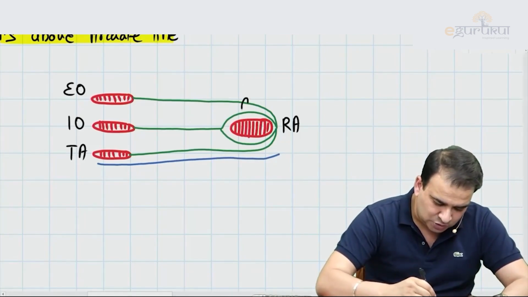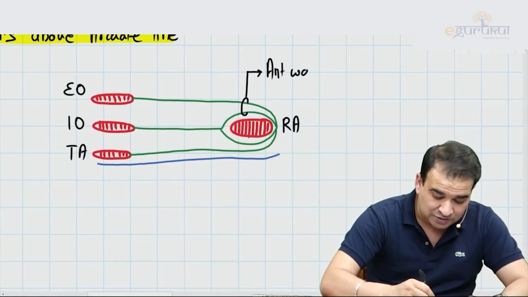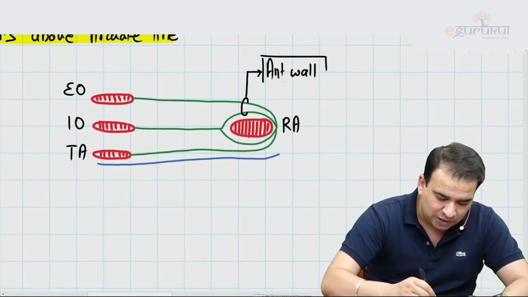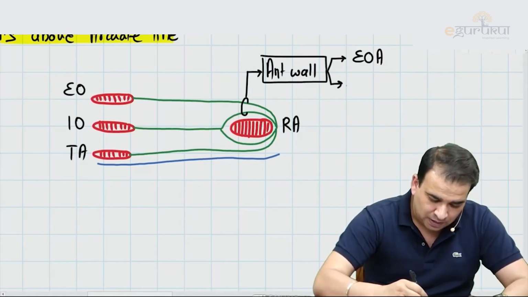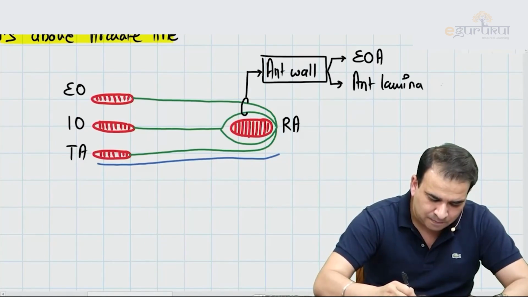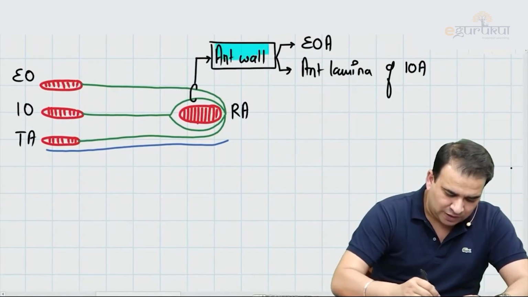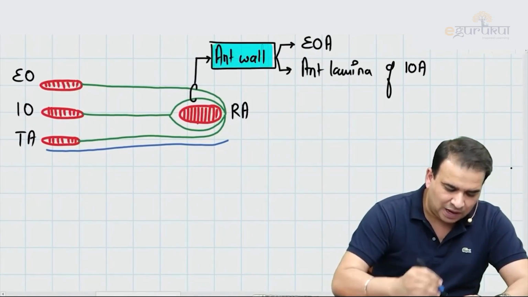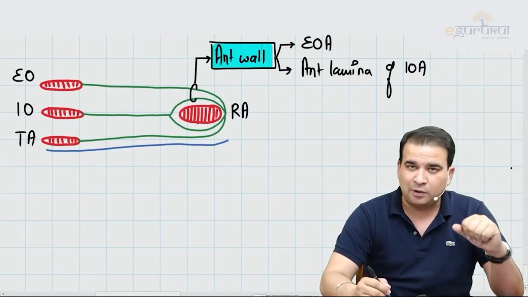Obviously, when the section is above the arcuate line, you can see the anterior wall is formed by two things. One is what? External oblique aponeurosis, and the anterior lamina of internal oblique aponeurosis. This is the anterior wall of the rectus sheath when the section is taken above the arcuate line.